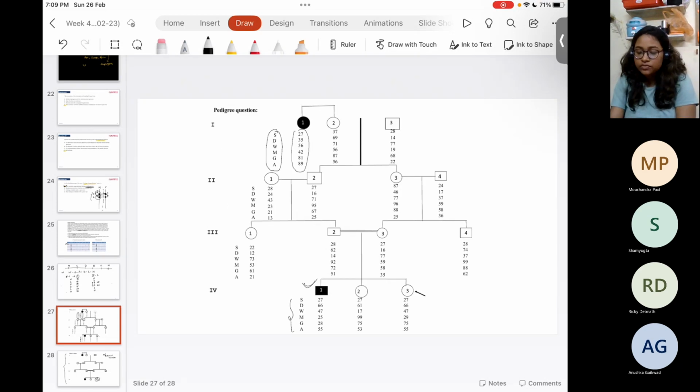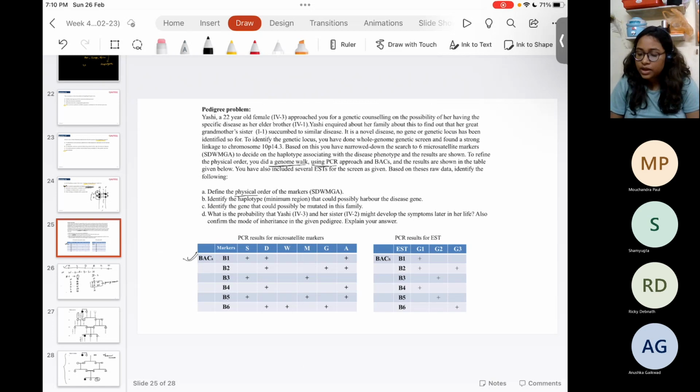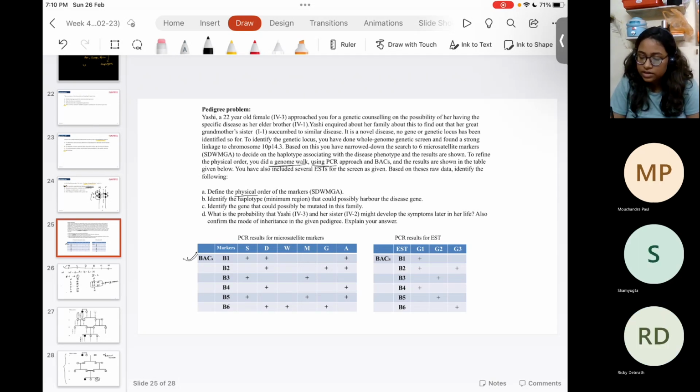You'll be able to get this when you have rearranged these markers in the same physical order which you have obtained from this question. So in this minimum region, you will find the defective gene or gene of interest, which you were trying to find. Then in part C, you have to identify this gene.